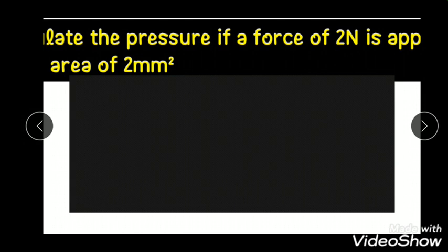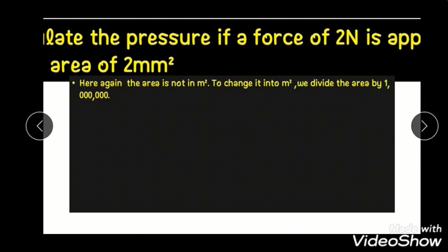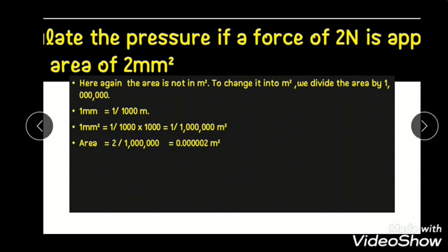The area is not in meter square, so we have to convert into meter square, the SI unit. 1 millimeter is 1 divided by 1000 meter. 1 millimeter square is 1 divided by 1000 into 1000, that is 1 divided by 1 lakh meter square.